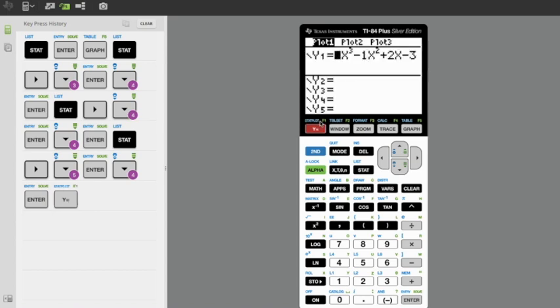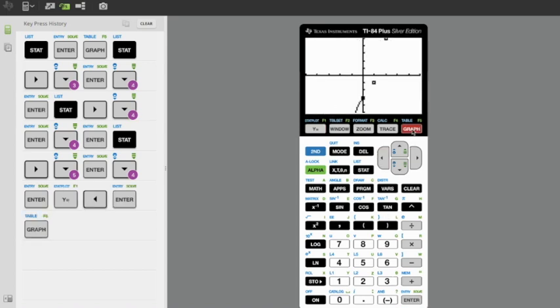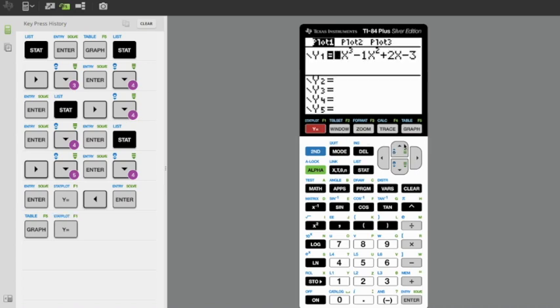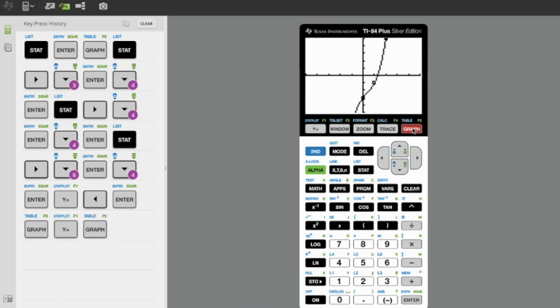So I went ahead and put that cubic function in, and now when I graph, you can see it goes through all of those points just right. So I'm definitely going to choose that cubic function of 1x cubed minus 1x squared plus 2x minus 3 as my choice for this set of data points.